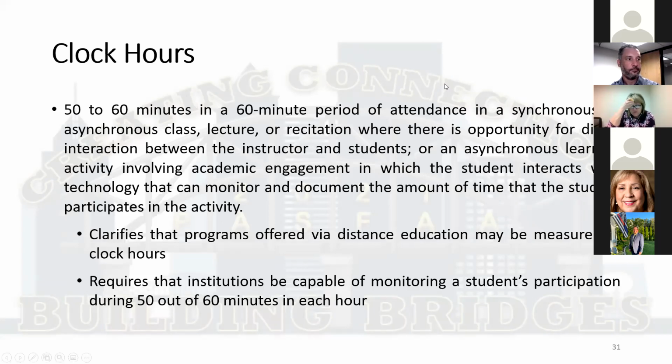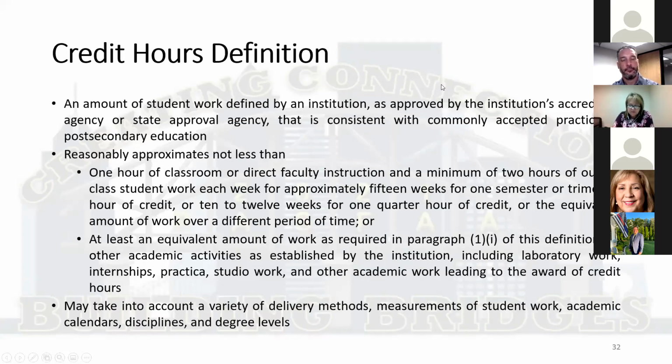Examples of something that wouldn't be acceptable is awarding clock hours based on estimates of work completed, like an average time that it takes to complete an assignment, or just logging into a course. That does not count as attending all or even part of a clock hour.